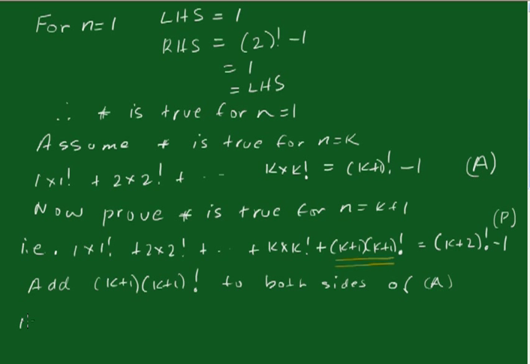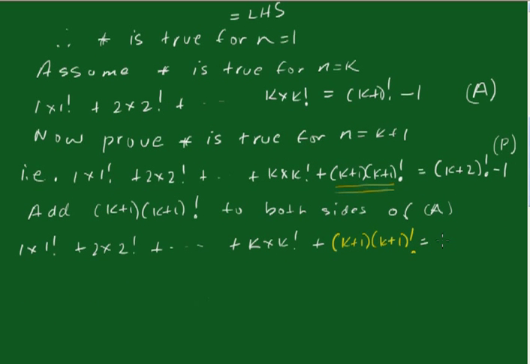So we get 1 times 1 factorial plus 2 times 2 factorial plus all the way along plus k times k factorial plus, and I'll make that a different colour so we can see what I've done, (k plus 1) times (k plus 1) factorial, and that's equal to (k plus 1) factorial minus 1 plus, in that same colour, (k plus 1) times (k plus 1) factorial.